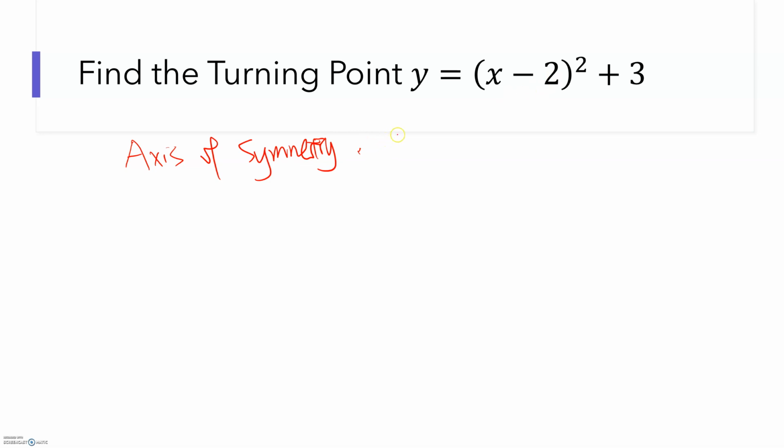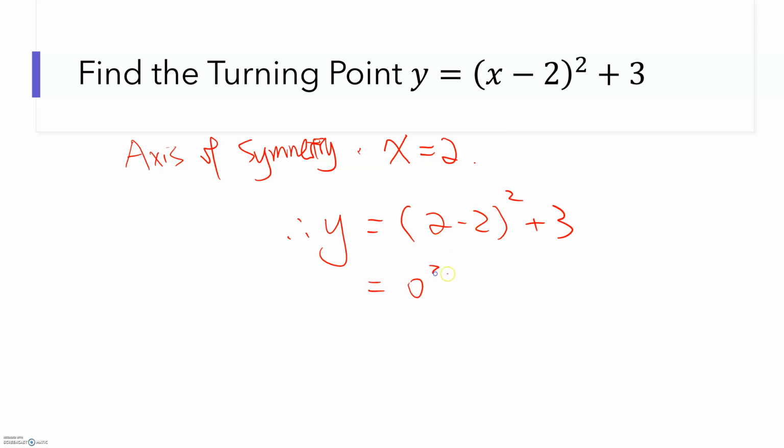Remember when we did this last time, we have x equal to 2. So to find the turning point, we need to plug the value x equal to 2 into this equation. So y is equal to (2 take away 2) squared plus 3. Interestingly, the middle one, 2 minus 2, gives us 0.